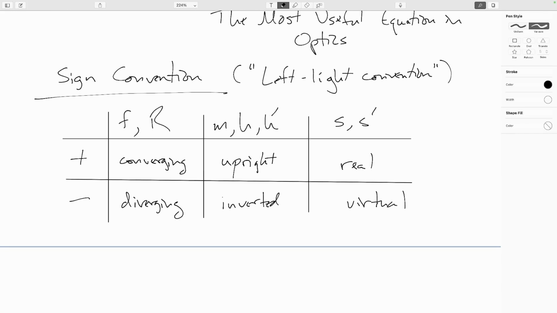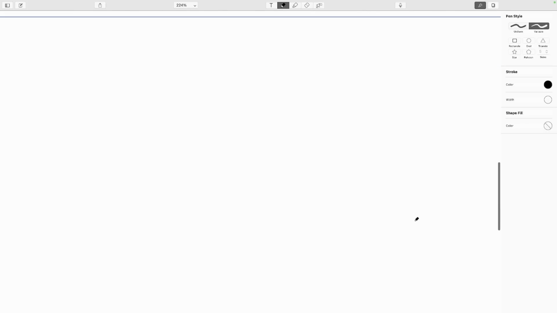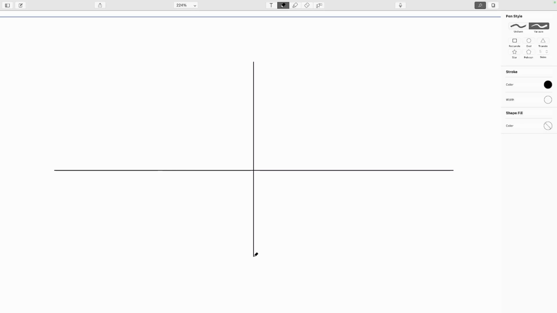So let's go ahead and try making this concrete by taking a look at a problem. Let's say I have a converging lens with a focal length of plus 40 centimeters. So I'm drawing my optical axis and my principal plane. Since it's converging, I'm just drawing a little cartoon of a converging lens.